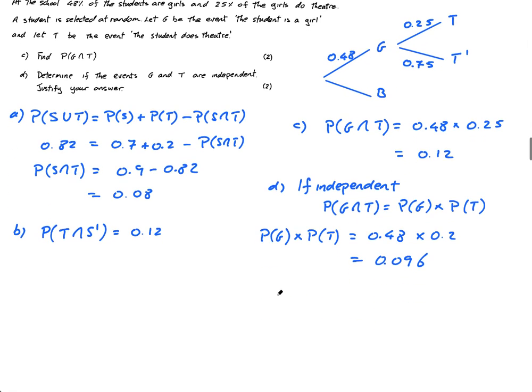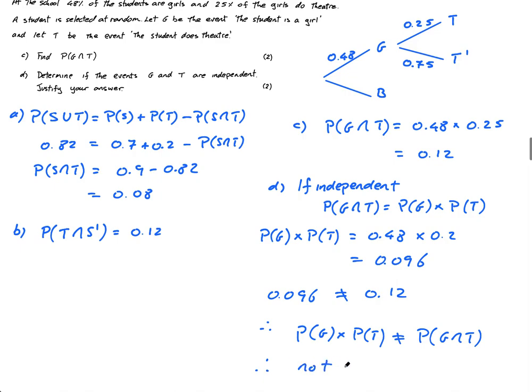So I'm going to say, because this is me justifying my answer, 0.096 is not equal to 0.12. Therefore, the probability of G times the probability of T is not equal to the probability of G intersection T, therefore not independent.